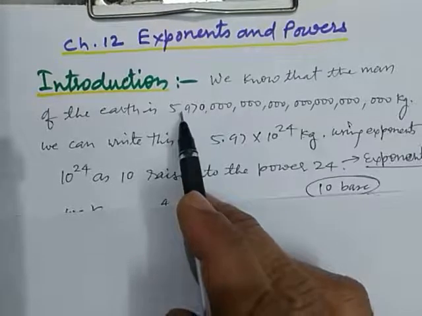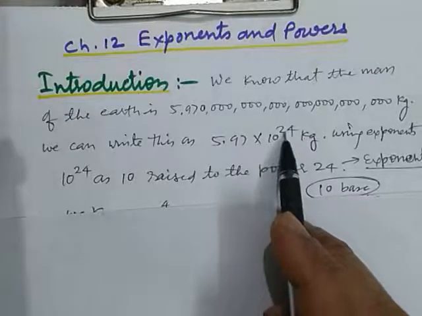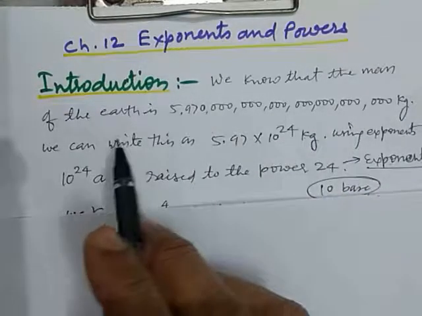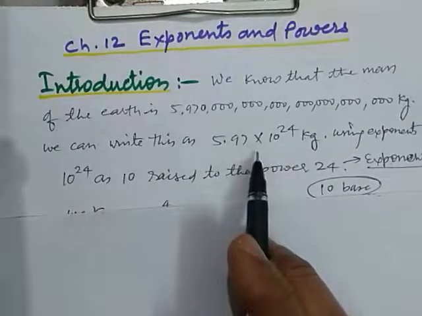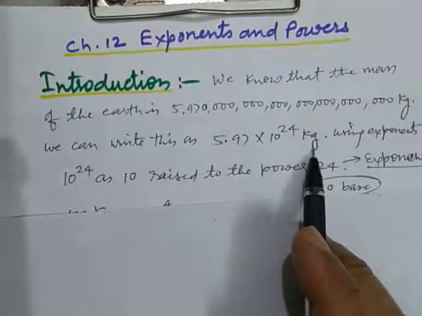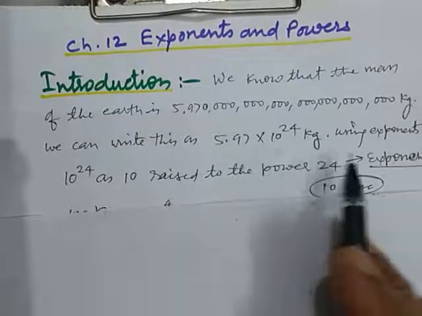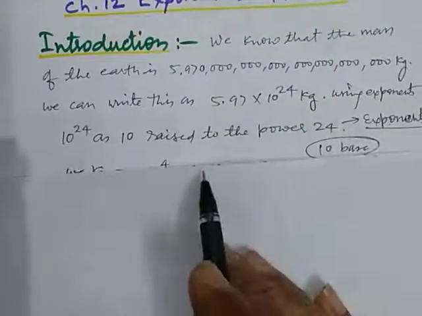So if we place the decimal here, we put the power as 24. So this way we can express any number, and this is the scientific notation of the number. So remember this, it is very useful.